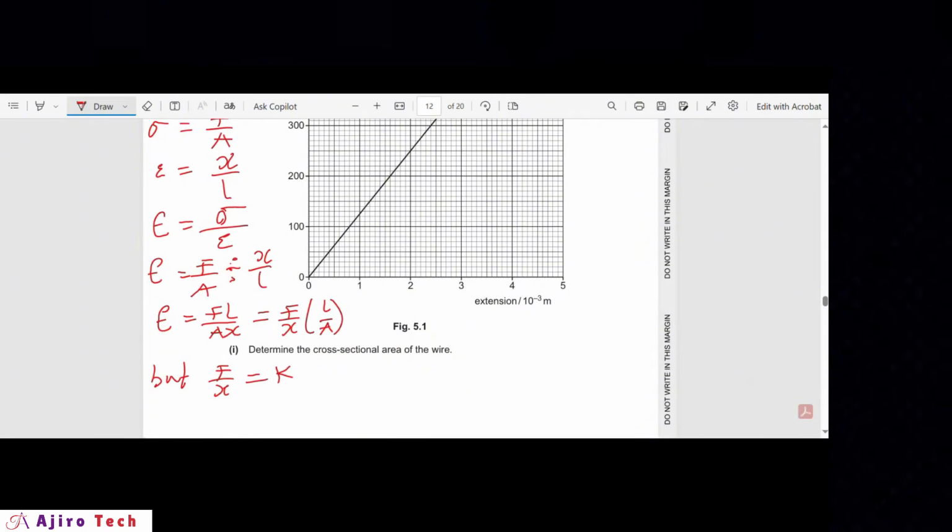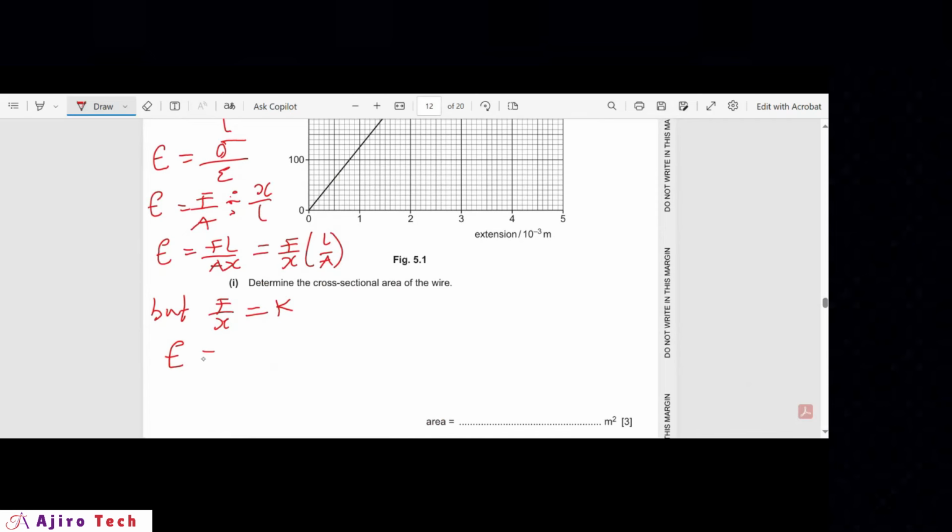So I'm just deriving the formula in k. You may come across something like that too. So our Young's modulus is k times L over area. k is the spring constant, which is the gradient.